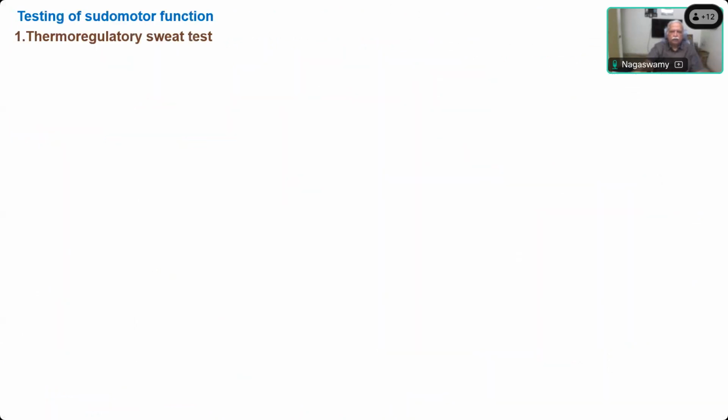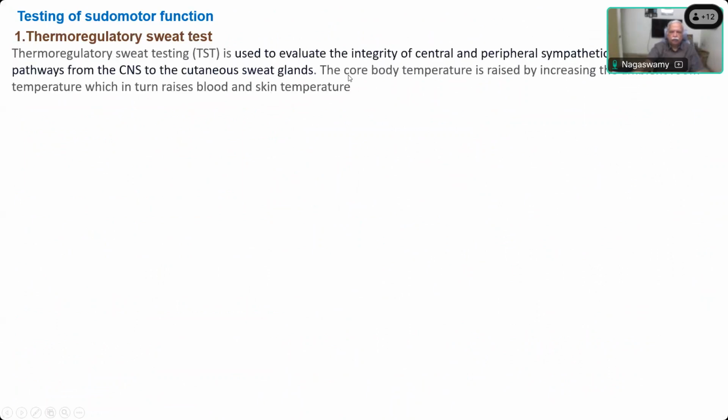And testing the pseudomotor function: the thermoregulatory sweat test is done to find out the integrity of the central and peripheral sympathetic pathways from the CNS to the cutaneous sweat glands. The core body temperature is raised by increasing the ambient temperature, which in turn raises the blood and skin temperature, and that is how you test this particular function.